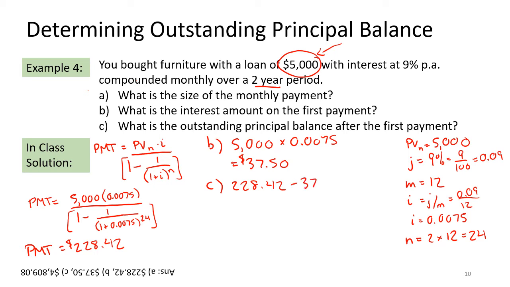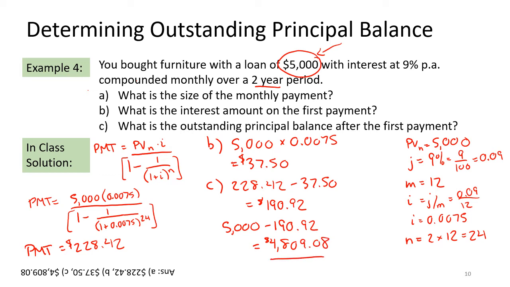So we subtract $37.50, and that gives us a value of $190.92. So after the first payment, that means that we've reduced our loan from $5,000 to $5,000 minus $190.92, right? The amount after our first payment goes towards our principal. And if you calculate that out, you get $4,809.08. So after the first payment, that's how much we have left over.